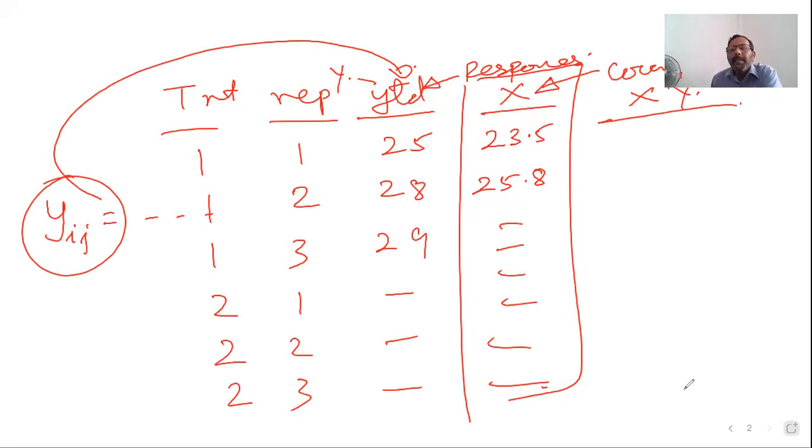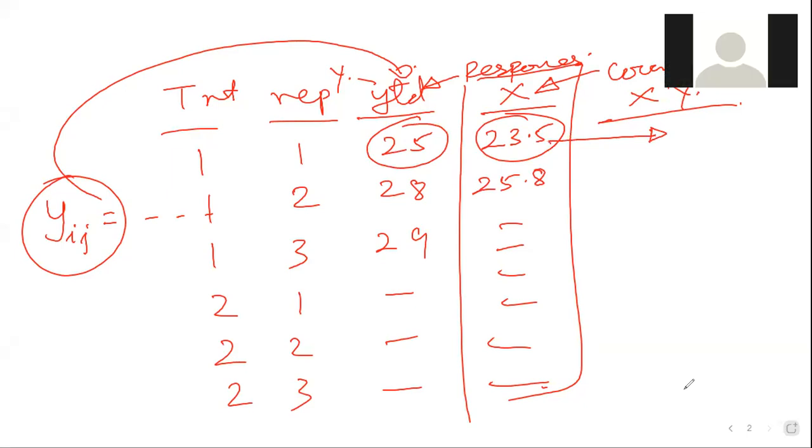It's a cross multiplication of this value and this value. So that is coming as XY. What did I say in that? The variance of X, variance of Y. If you combine and calculate the variance, it is called as covariance. Yesterday I mentioned this. So that is why here we are talking about covariance. Right.